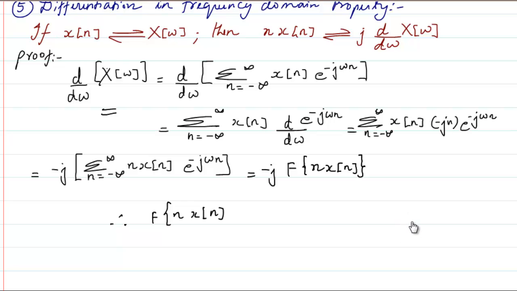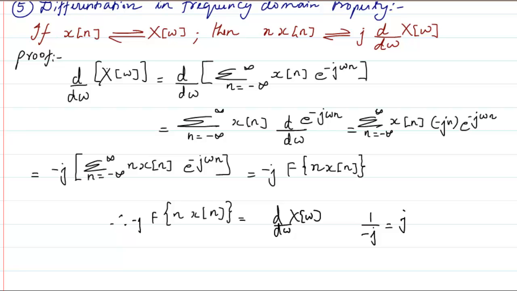So minus j will go to the other side, that means minus j will come to the left hand side of this, which is basically, so when it comes to the other side, becomes plus j, okay, because minus j the other side becomes 1 divided by minus j, which is equal to j. Okay, it's not addition going into subtraction, it is multiplication going to the other side. So here it is minus j and here it is d by d omega of x of omega.